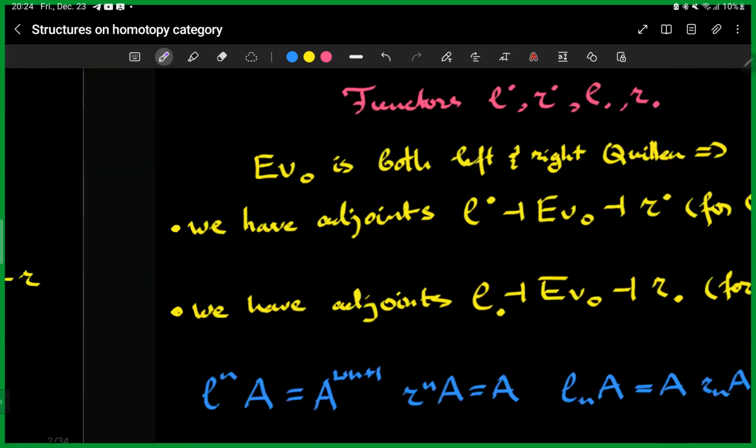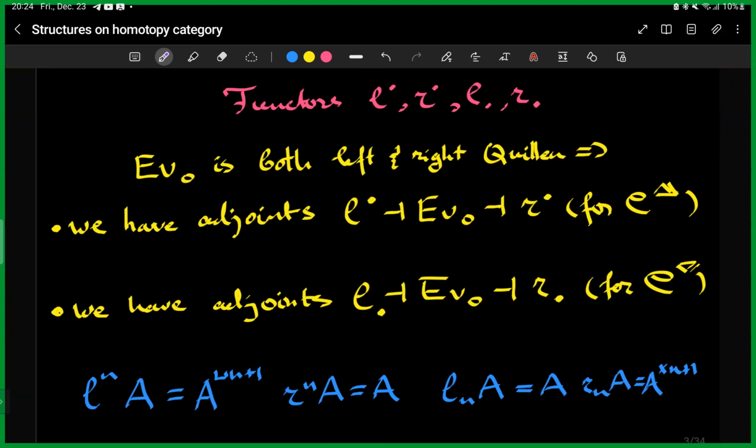Since this is both a right and left Quillen functor, we have, of course, left and right adjoints in both cases. We will denote by L upper bullet and R upper bullet the corresponding left and right adjoints for cosimplicial objects, and by L lower bullet and R lower bullet the same thing for simplicial objects.